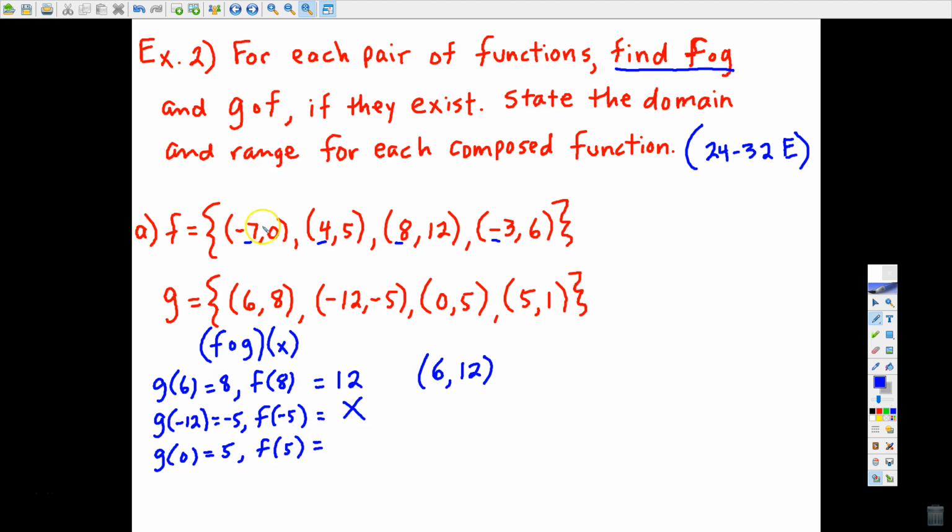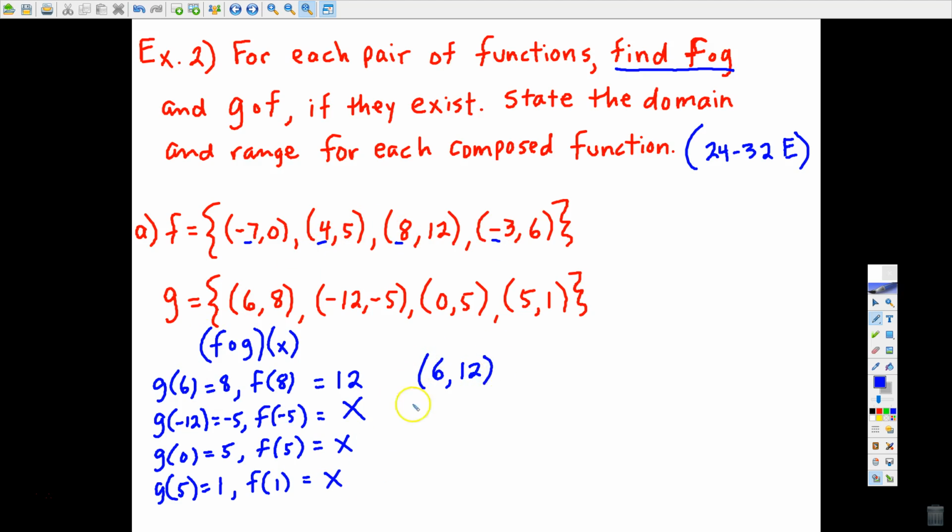Okay, there are no x-coordinates that are 5. So this does not exist. So I got one more. I'm going to evaluate the g function. G of 5 is equal to 1. And so now that number 1 becomes the input for the f function. Well, there are no inputs 1. So again, that doesn't exist.